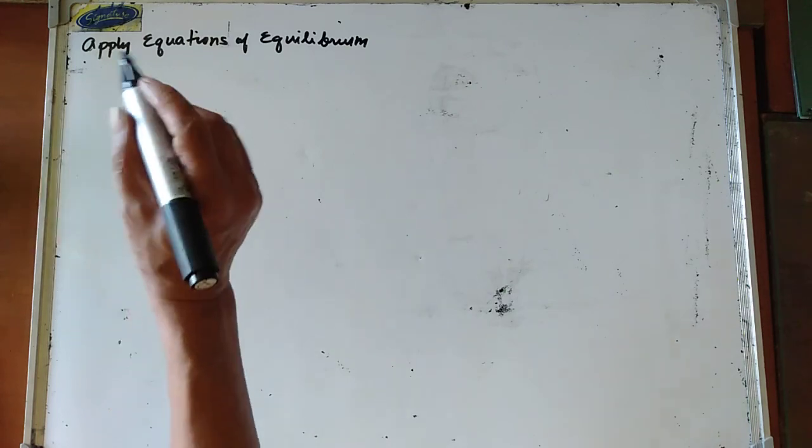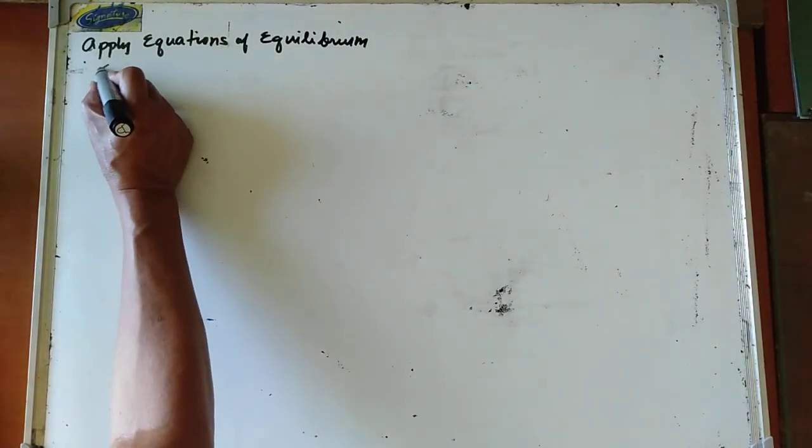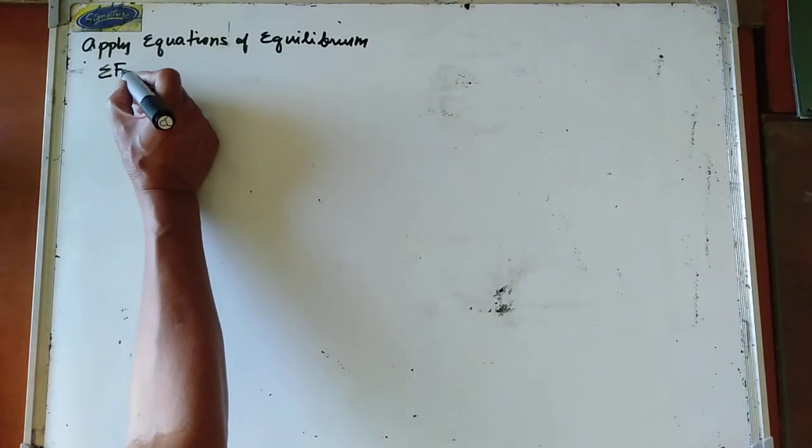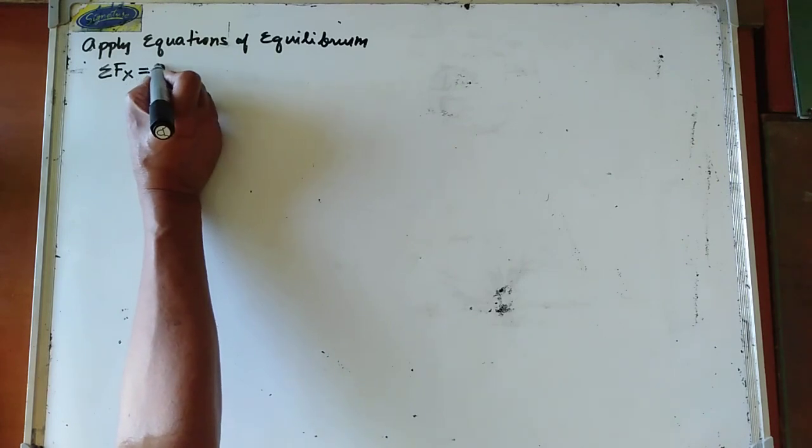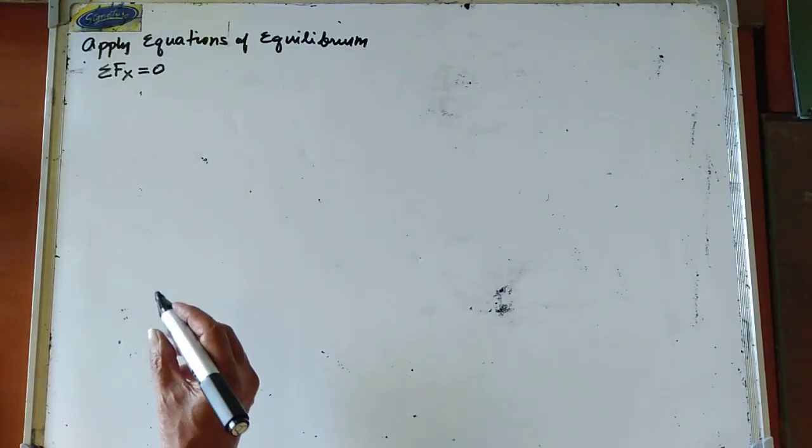equations of equilibrium. So first, summation of forces along the x is equal to 0.